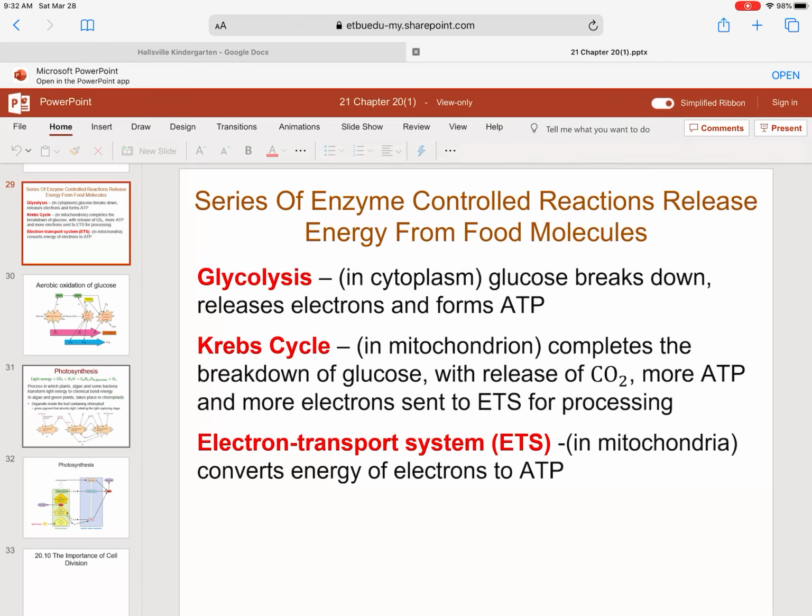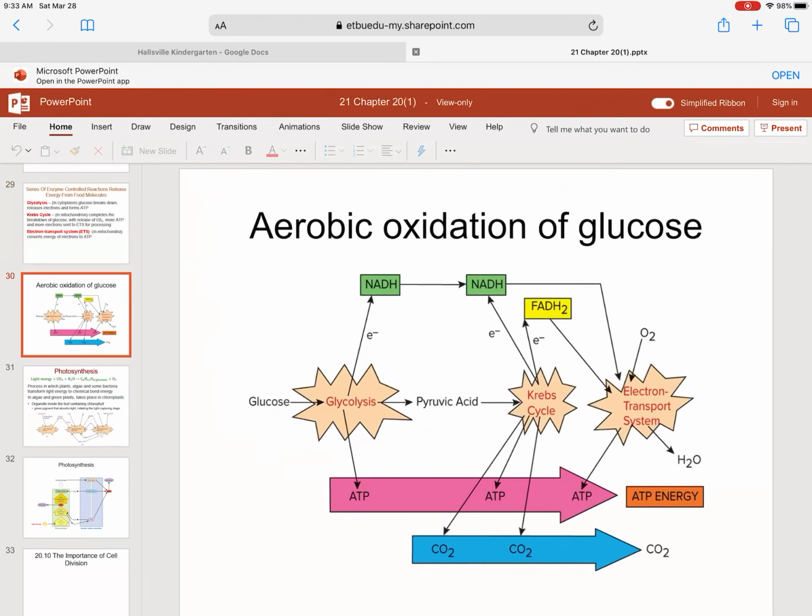The Krebs cycle occurs in the mitochondria, completes the breakdown of glucose, so it finishes up the process, releases carbon dioxide, more ATP, and more electrons, and then it goes on to what's called the electron transport system, which also occurs in the mitochondria, and this converts energy of electrons to ATP. So the whole process produces a ton of ATP, so eating is a good thing.